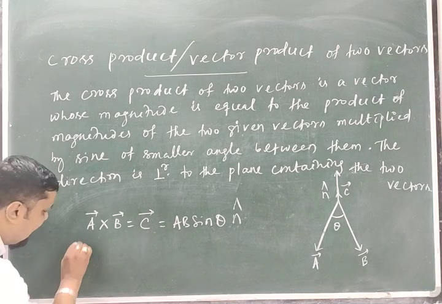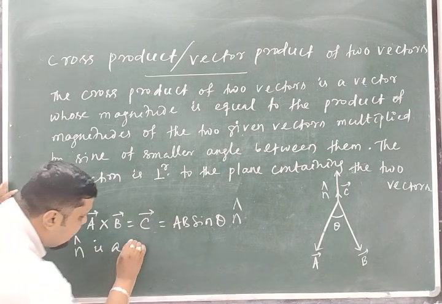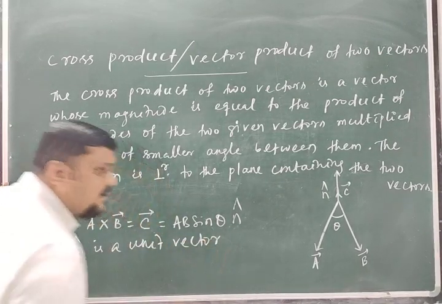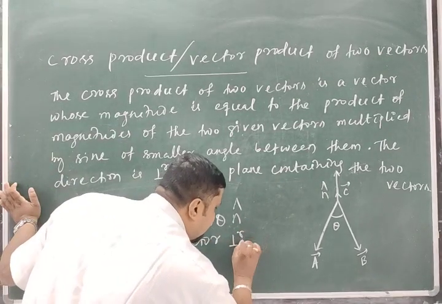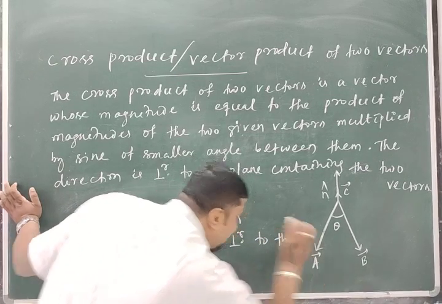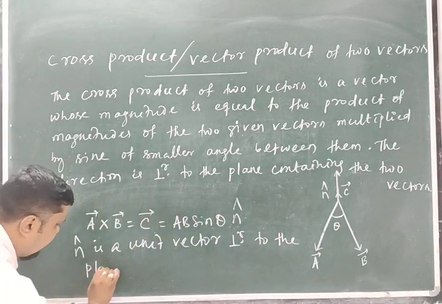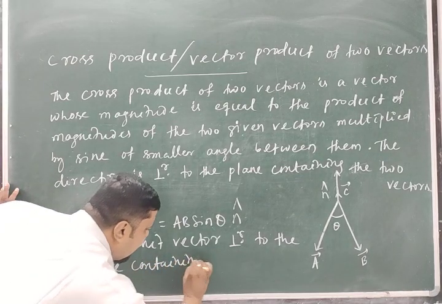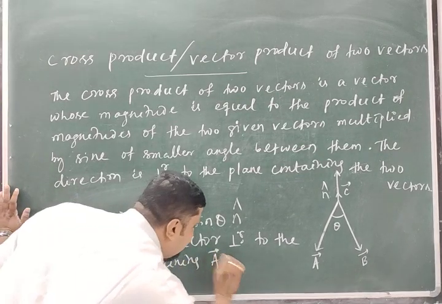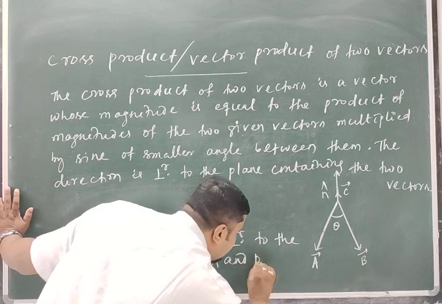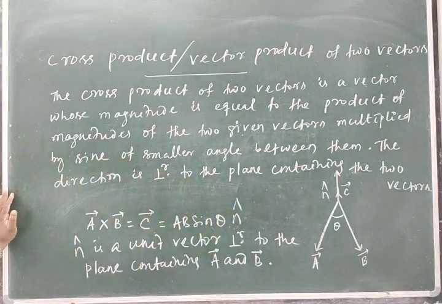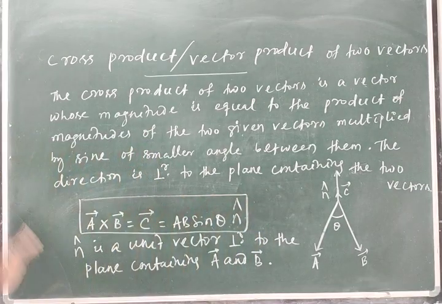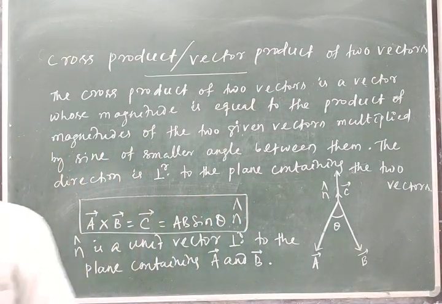So I can say n cap is a unit vector perpendicular to the plane containing vector A and vector B. So this is the cross product, this is my cross product for two vectors.